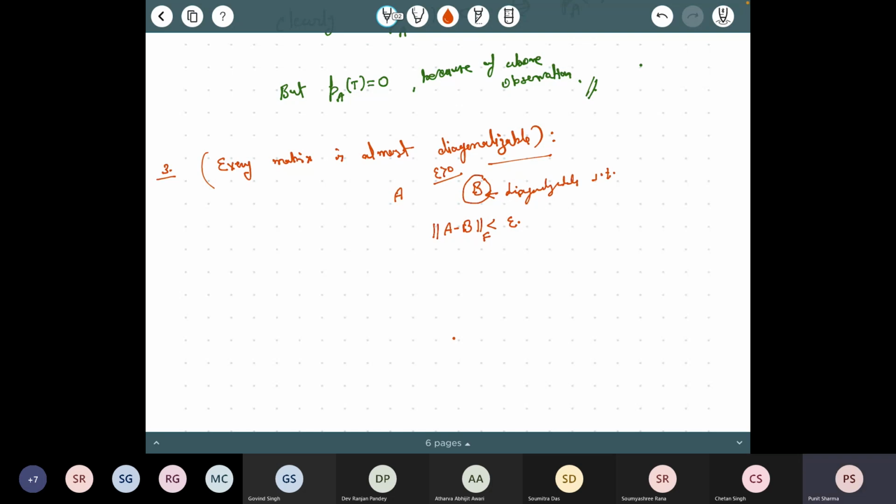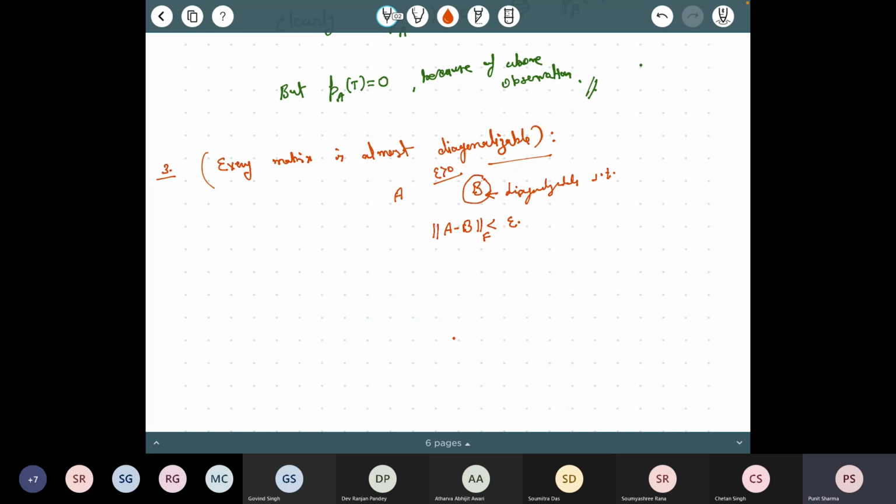Every time you generate a matrix, it would turn out to be invertible. Or you can say that the set of invertible matrices is dense in the space of matrices.